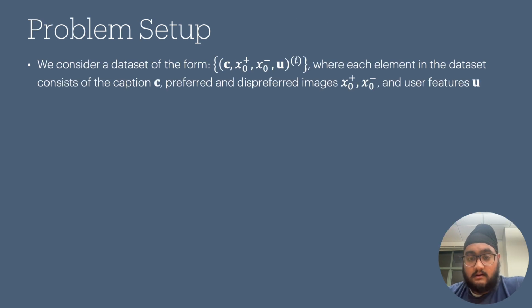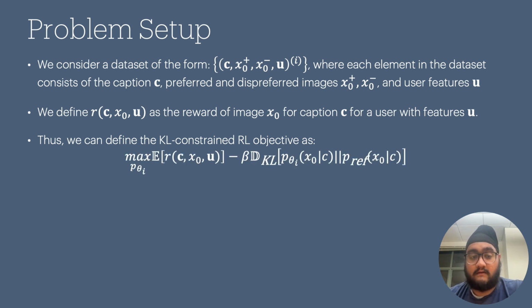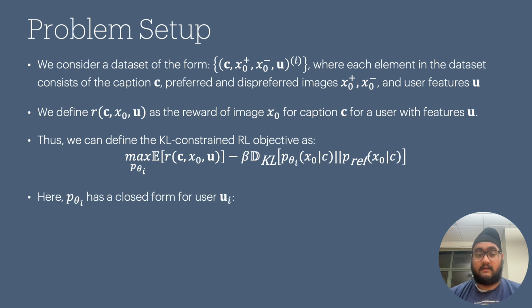We'll first define the problem with a special form of the preference dataset, where each element in the dataset consists of a caption C, preferred and dispreferred images X's, and the user features U. We now define R as the reward of image X0 for caption C with a user with features U. Thus, we can now define the KL-constrained RL objective as the maximization of the expected reward with a term that allows you to preserve the KL between the current policy and the reference policy.